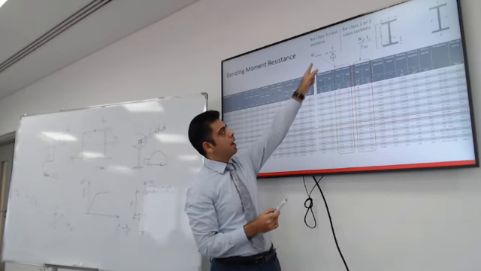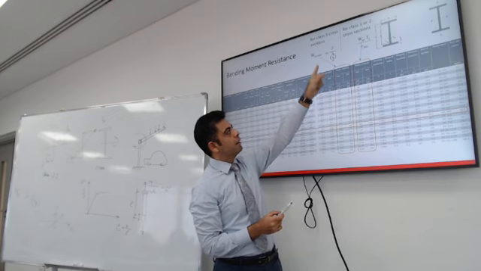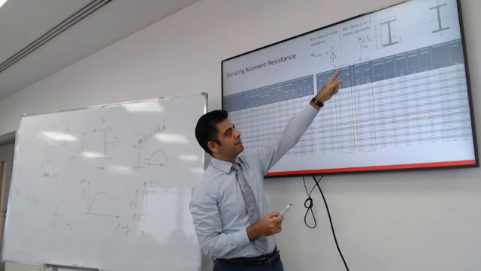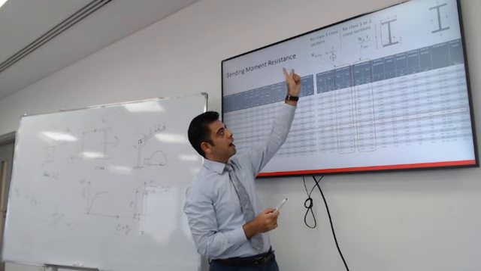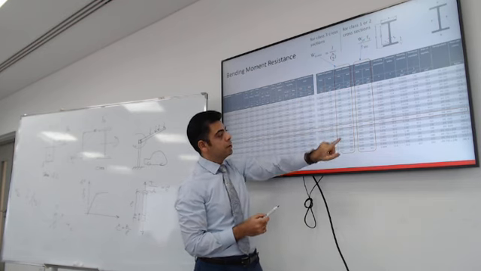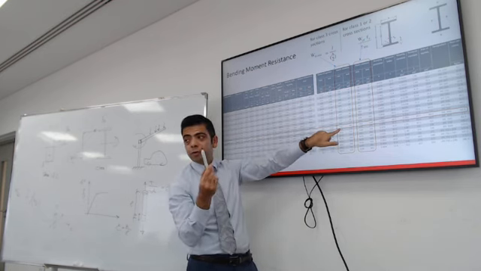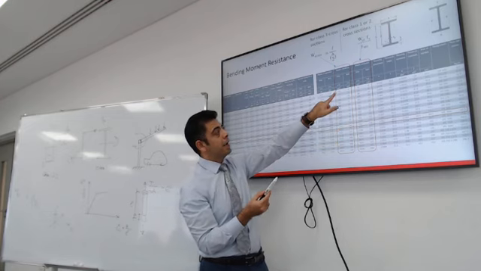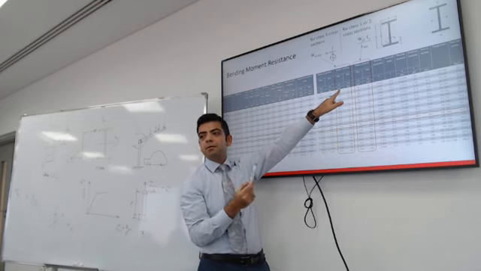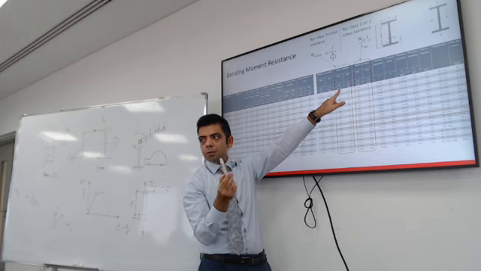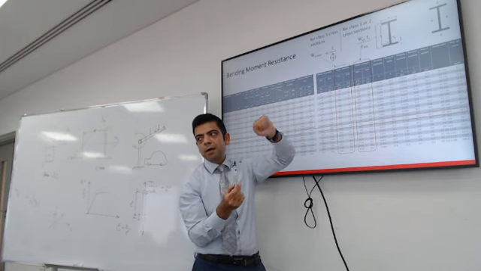So from this formula, the elastic section modulus is I divided by half h. The table will do the math for us and give us the number in centimeter cube. So again, pay attention: if you're using meters or millimeters, you need to convert that number.